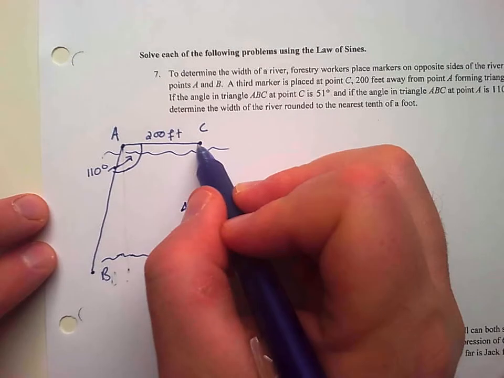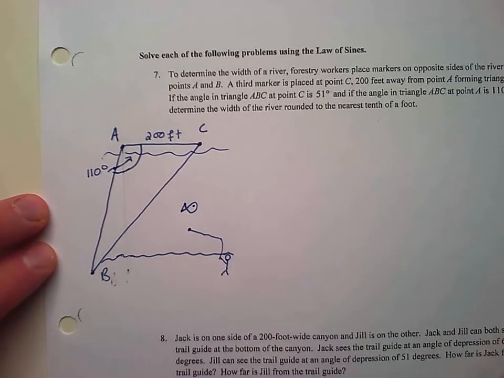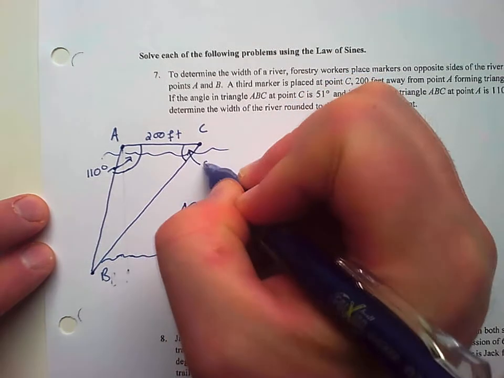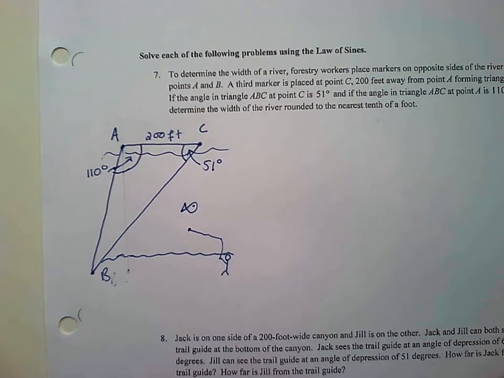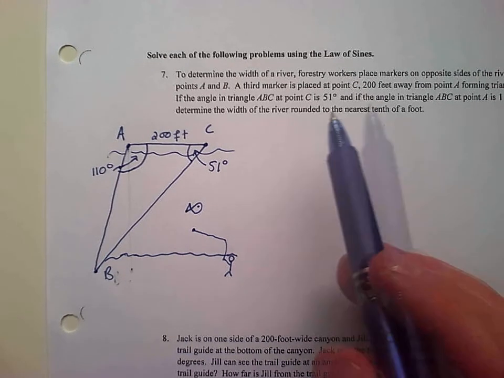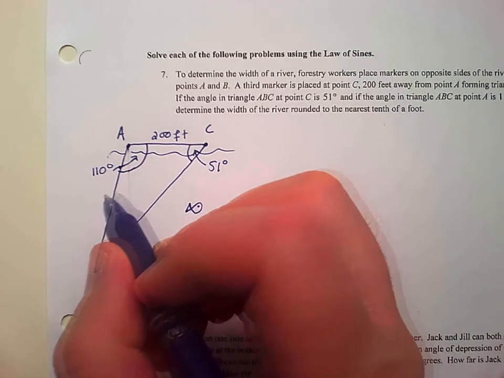Alright, anyways, we have this triangle right here, and we know that the angle at C, this angle right here, is 51 degrees. We're trying to figure out the width of the river, how wide is the river.